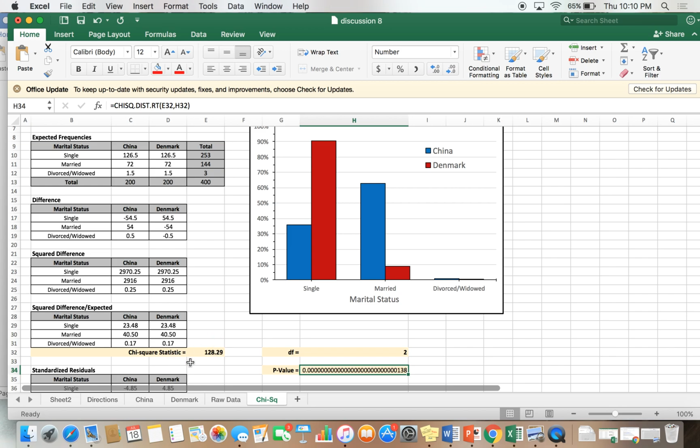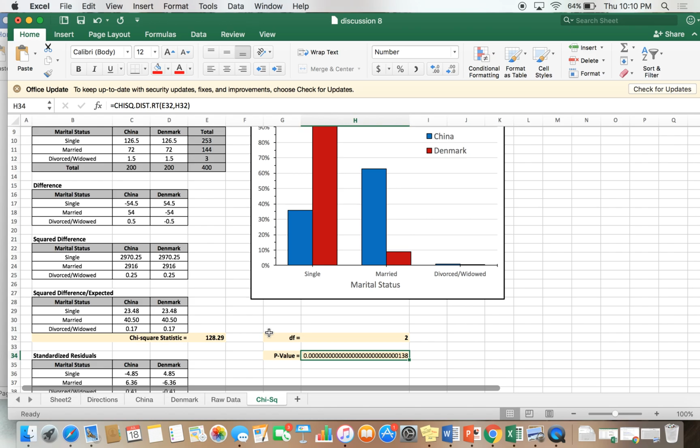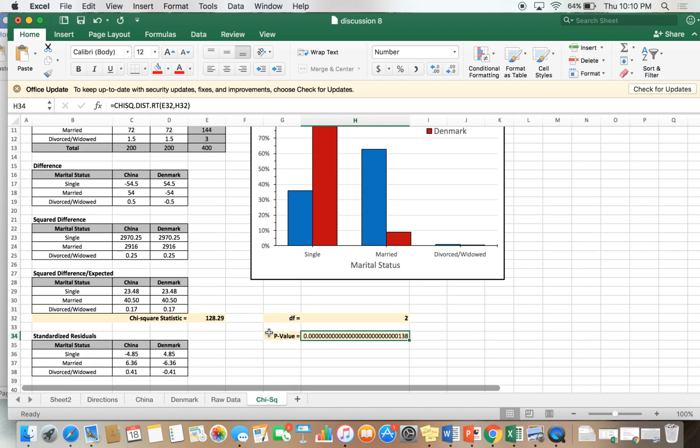From there, we took this number with our degrees of freedom and brought it into our chi. Oh my gosh, I keep saying chi. It is chi, like kite. I apologize in advance. And we can take it into our chi chart and realize that it is a very, very small number. It is all the way down here.